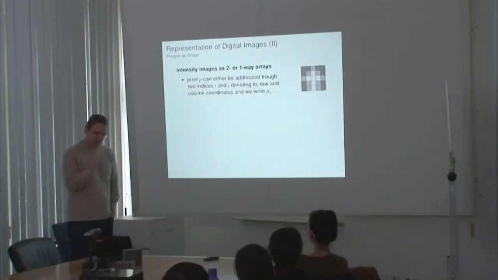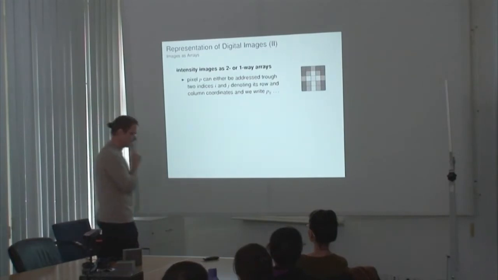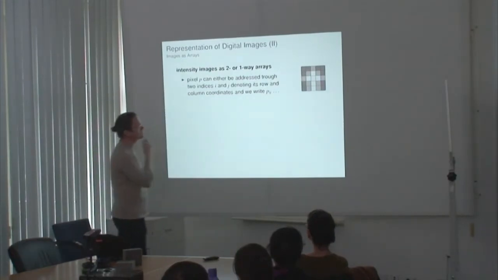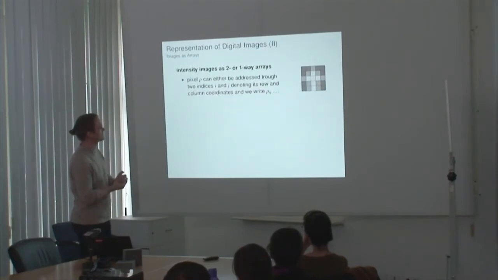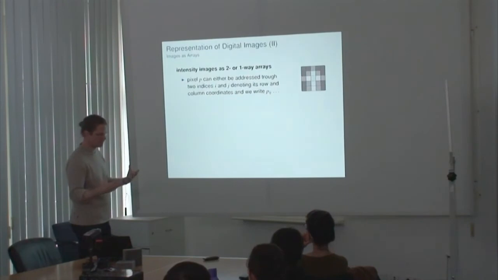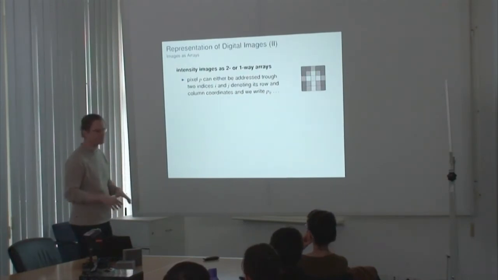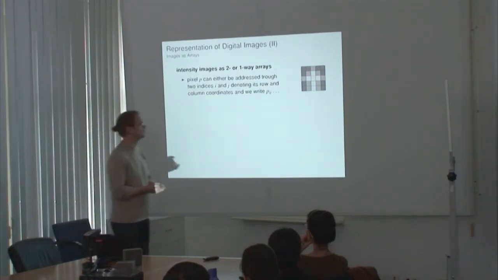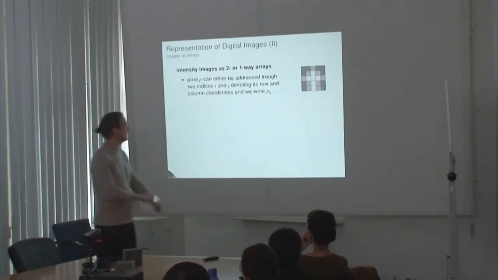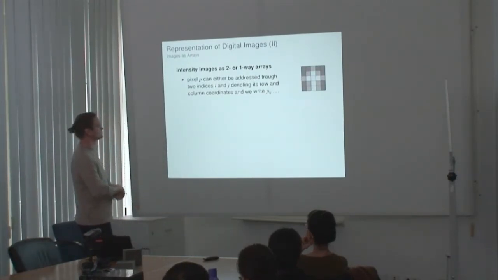And very interestingly, we can think of intensity images such as this one. It's a 5x5 image, very simple pattern, either in terms of a two or a one-way array, where the two-way array representation, the matrix representation, is somehow natural.